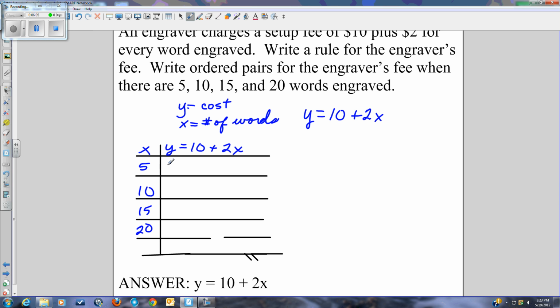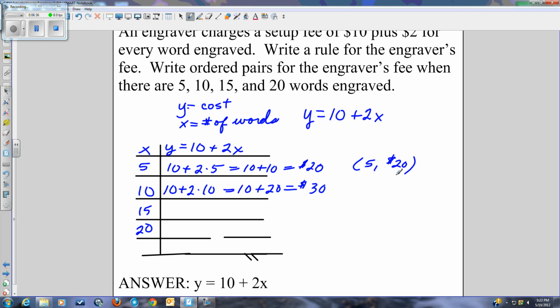So for 5 words, it's going to be $10 plus 2 times 5, which is 10 plus 10, so that's going to be $20. For 10 words, we have 10 plus 2 times 10, so that's 10 plus 20, so that's $30. And so how we would write these as ordered pairs, we're going to have 5, 20 for x, y.